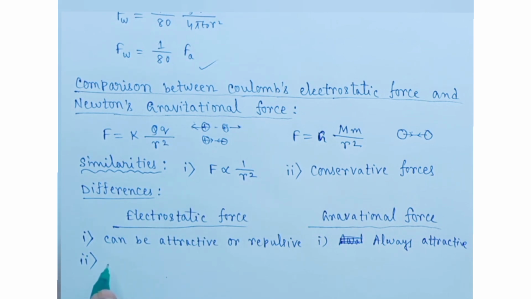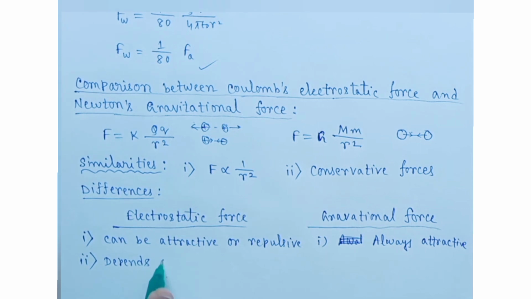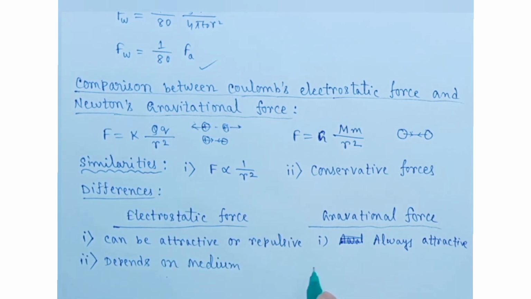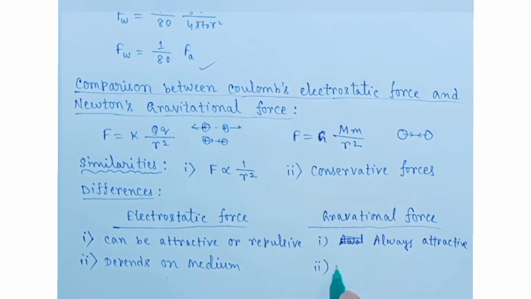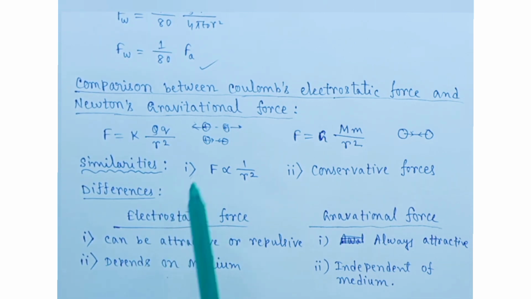So electrostatic force depends on the medium and gravitational force is independent of medium. So these are the two major similarities and two major differences between the electrostatic force and gravitational force.